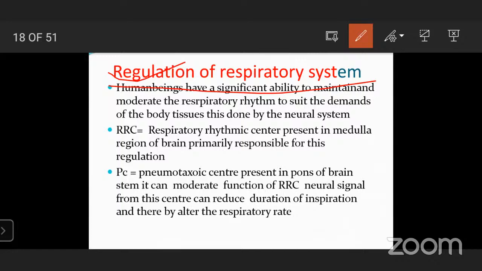Regulation is nothing but the control of inspiration and expiration, controlling the rhythm of inspiration and expiration. That is called regulation. Understand?